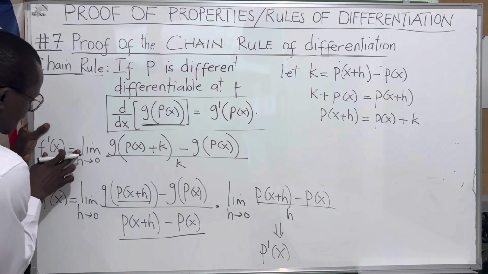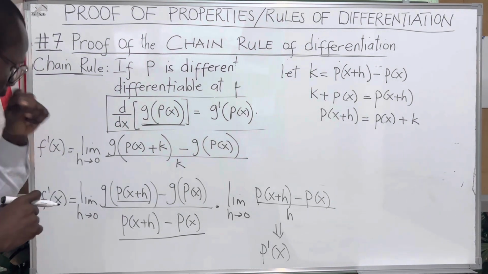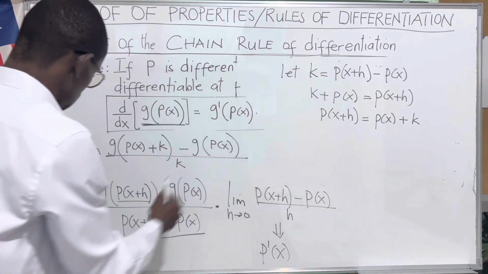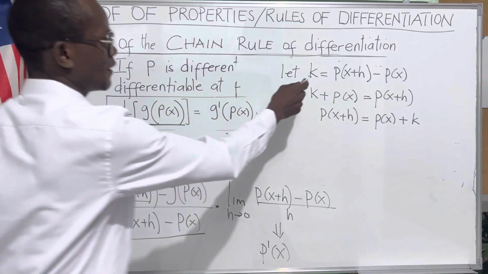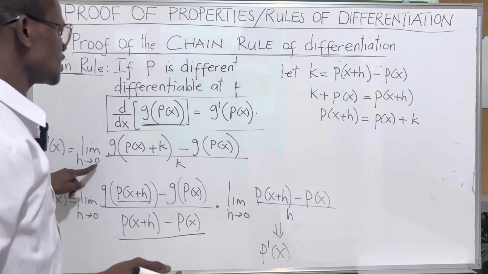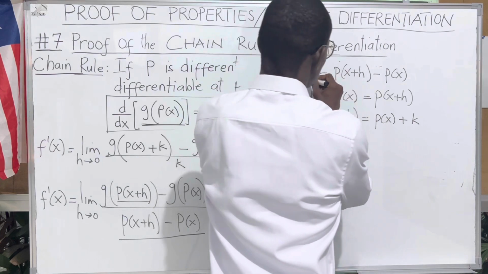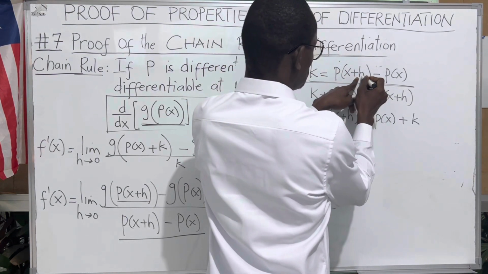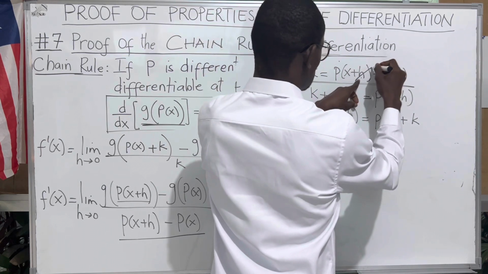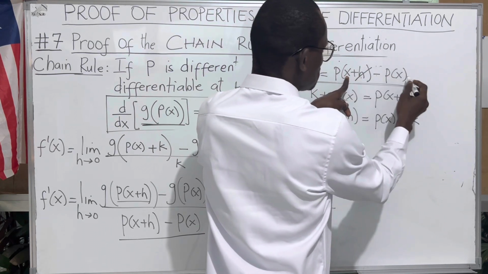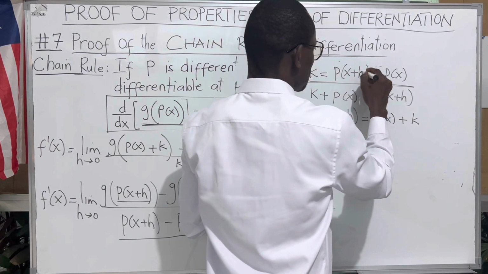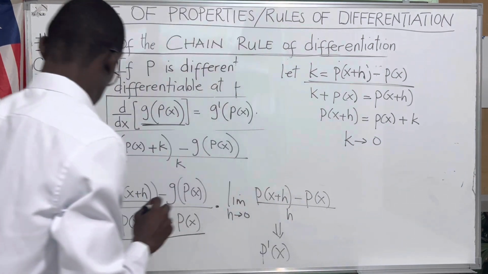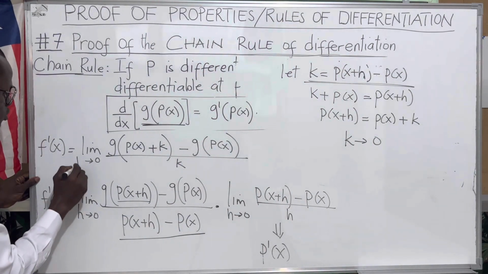But now we cannot use h any longer. Since h is approaching 0 and we have changed this variable now to k, we can say when h is approaching 0, what becomes of k? So if we put 0 right here, this one will go out. So you have p of x minus p of x. That is to say, k will also be approaching 0.